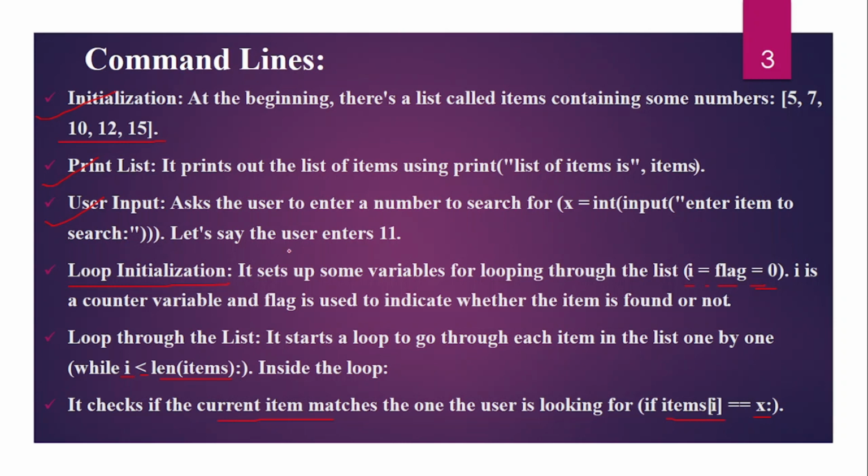What is the value of X? X is something that you had defined here, the number that you are searching. For example, let us take X as 11. Whenever it goes through the loop, it checks if the current value of i is equal to X or not. That is what is actually happening in the while loop. I hope you understand this.